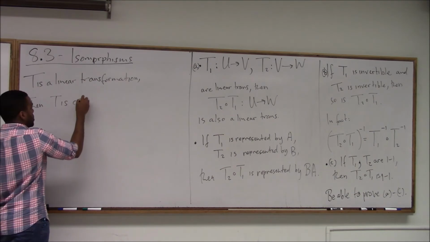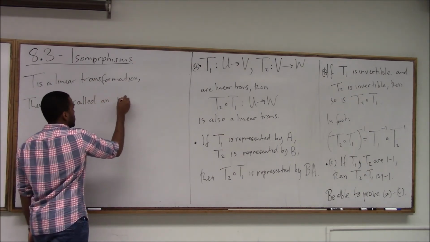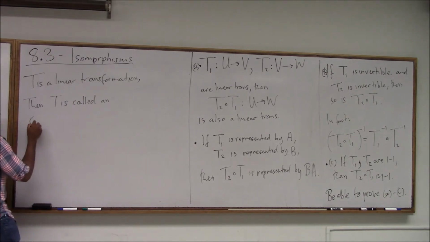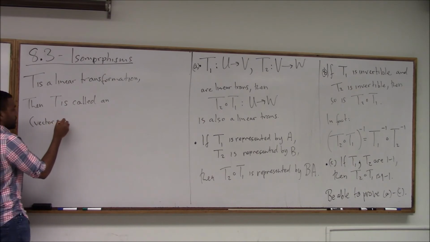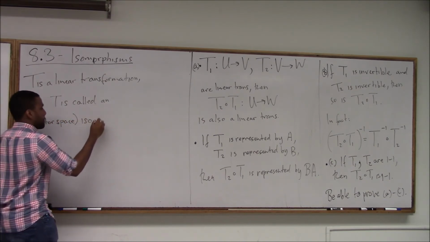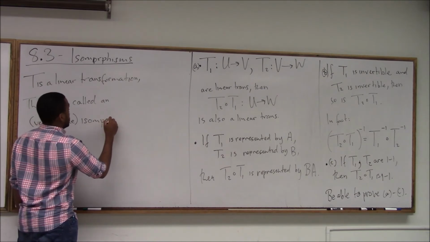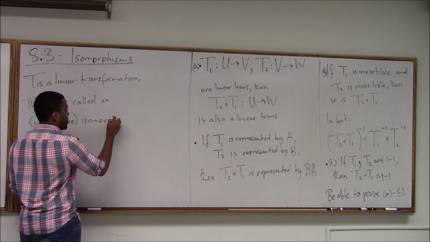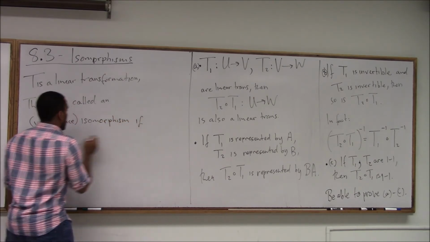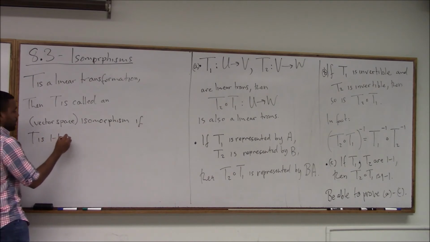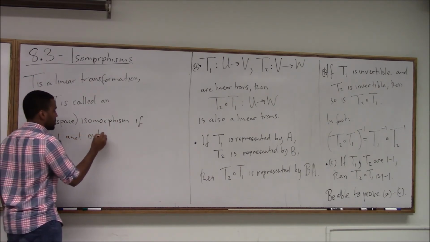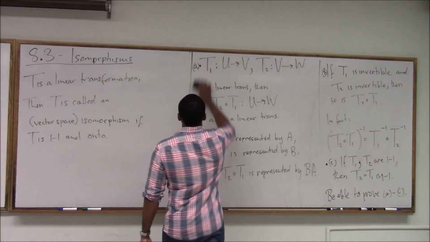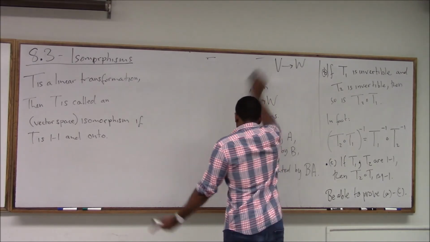T is called an isomorphism, and we can put in parentheses a vector space isomorphism, if T is 1 to 1 and onto. And isomorphisms are super important.